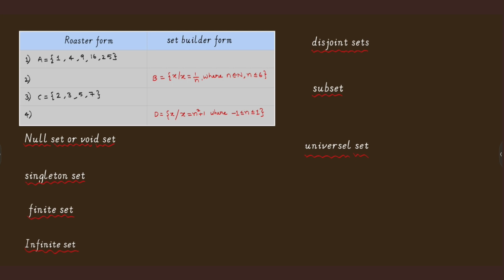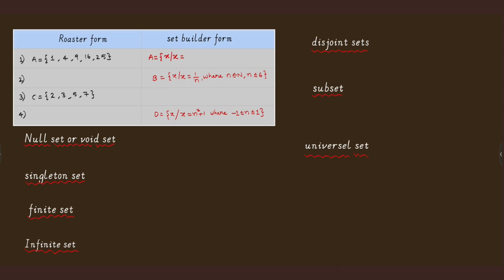So we can write A = {x such that x = n square}, a square number. And what is the condition there? In the place of n, we have to write 1, 2, 3, 4, 5.